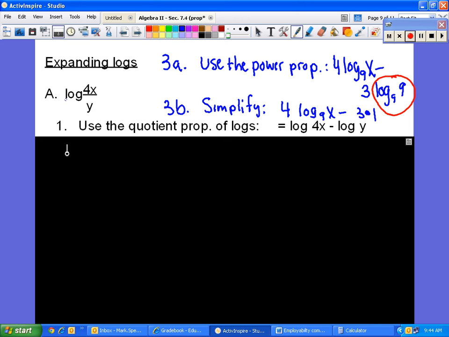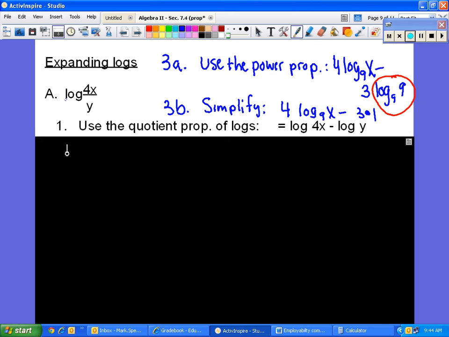Okay, now, does anybody notice anything about what I can do next? Well, I would say clearly it has nothing to do here. But what mathematical operation is this? 4 and x. What am I doing here? Multiplying. So I can break that apart by using which of the 3 properties?